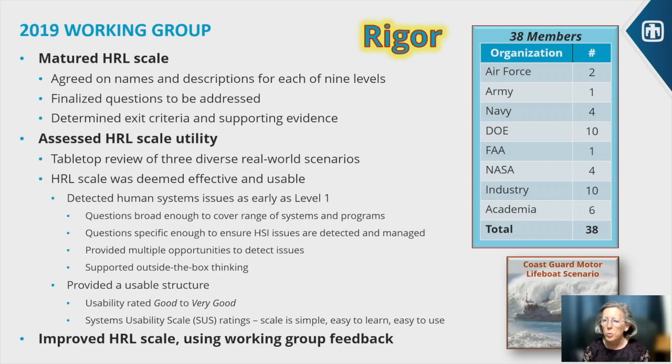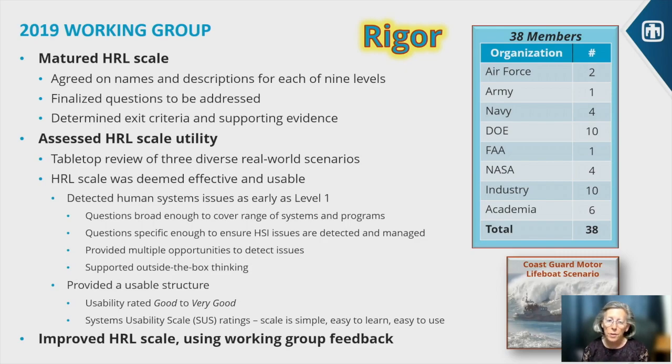And then when we asked about usability, and remember, this was still very early when all we had was a very early prototype of an HRL scale, people actually rated the usability good to very good. And on the systems usability scale, the feedback we received was: it's simple, it's easy to learn, it's easy to use.